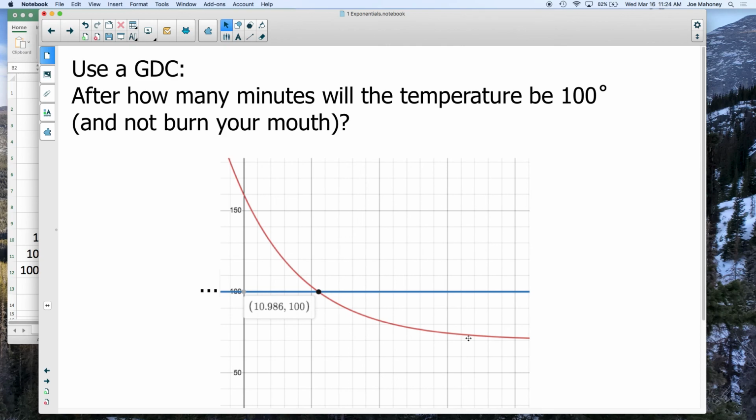That kind of all makes sense with what we were talking about before. But at 100, it's at the point 10.986. So if we round that to the nearest minute, I'm thinking maybe it's like 11 minutes. So if we leave our cup of coffee for 11 minutes and then take a sip, we'll be pleasantly surprised at the nice temperature to warm up our bodies but not burn our mouths.